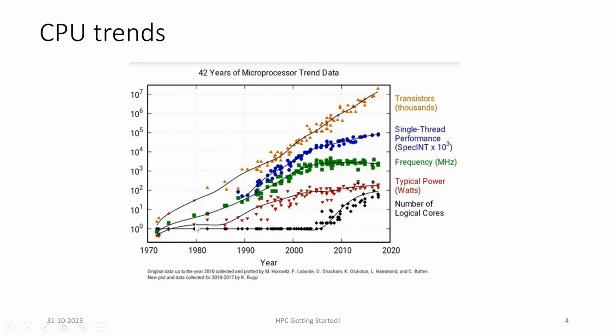Along with the number of transistors getting increased over the years on a single chip, we also see that because the transistors are getting smaller and smaller, the frequency of operation is also scaling. Of course, there is a small break in this trend somewhere in the mid 2000s. We are going to come to that after a few slides.